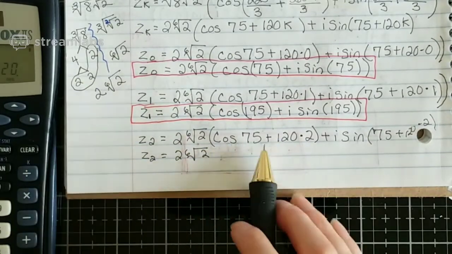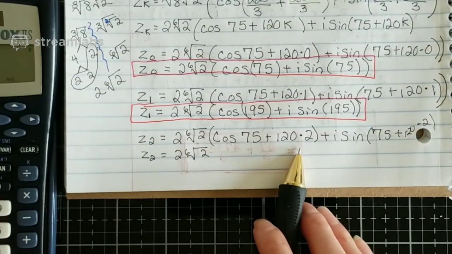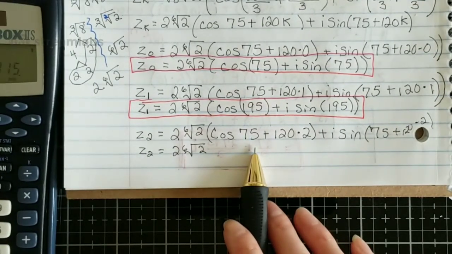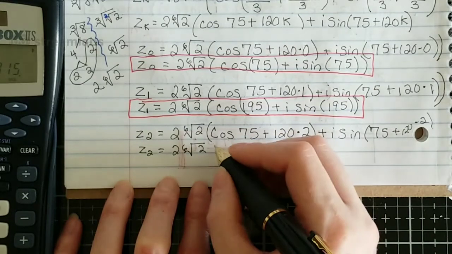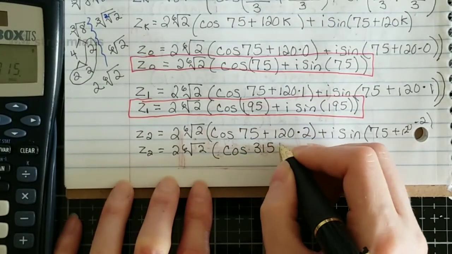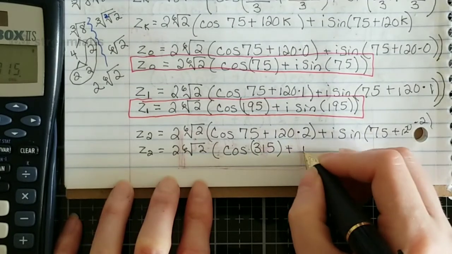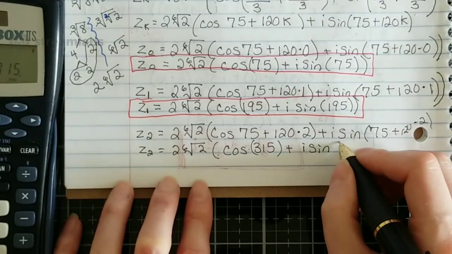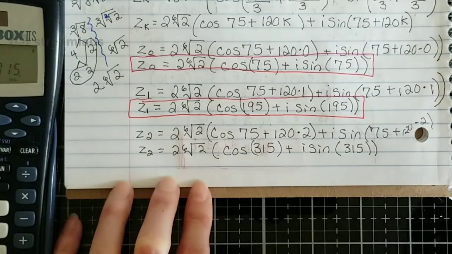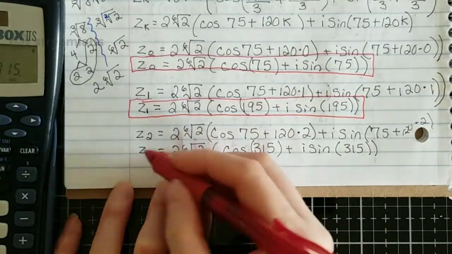So all we need to figure out is what's 120 times 2, and then add 75 to it. So that's 315. So cos of 315 plus i sine 315. And that's your last answer.